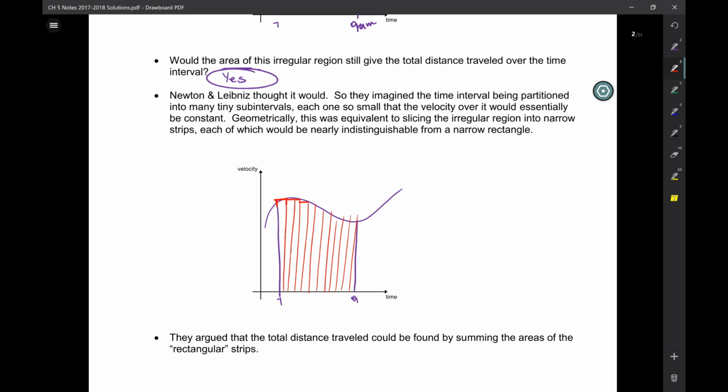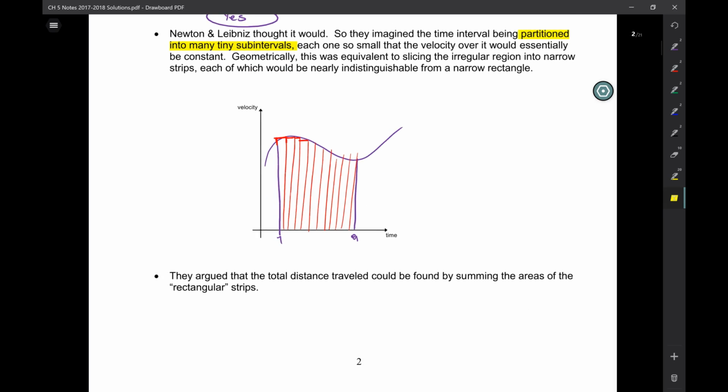So, what we're doing here is partitioning into many tiny subintervals. We don't divide into rectangles, we divide into tiny subintervals. We partition. They're essentially the same thing.